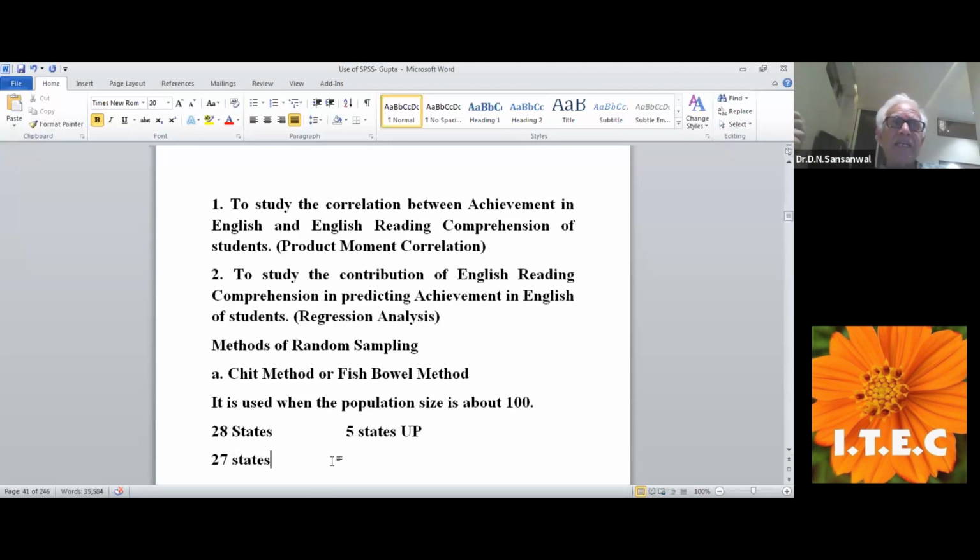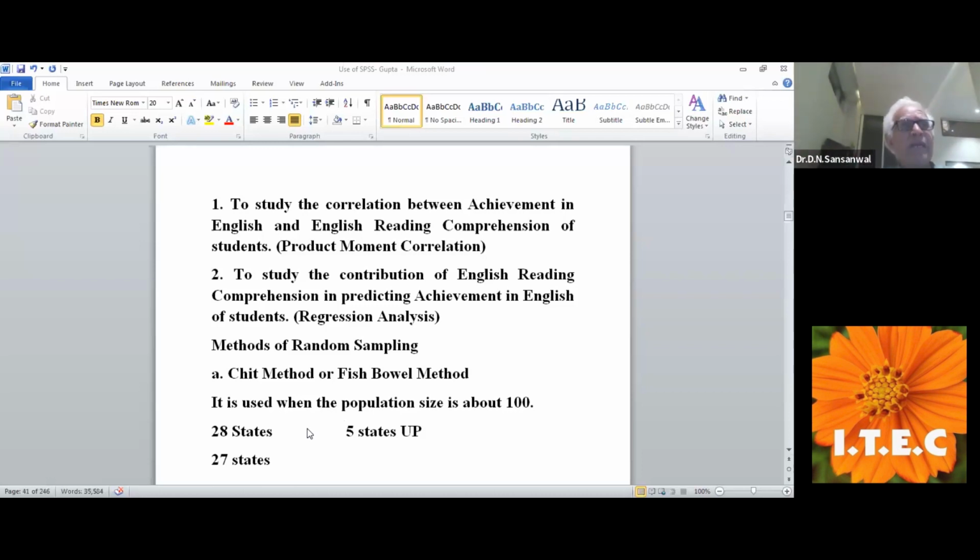Then will the probability be different or will the probability be the same? What do you think? 1/27 is less or more? It's more. So therefore, the probability will differ.